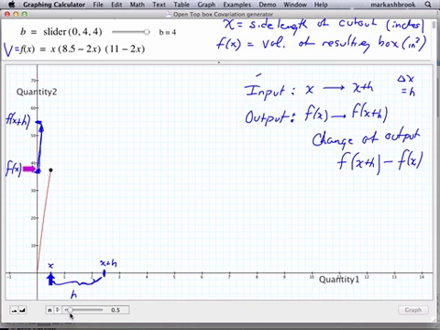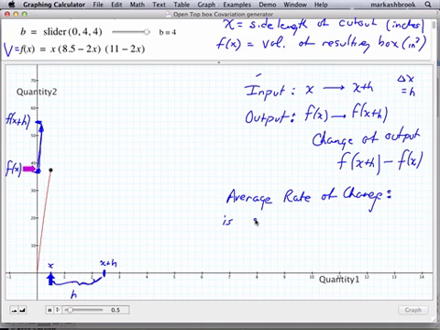Okay, so the constant rate of change, the average rate of change. Remember what we said average speed was? It was the constant rate of change needed to travel a specific distance in a specific time.